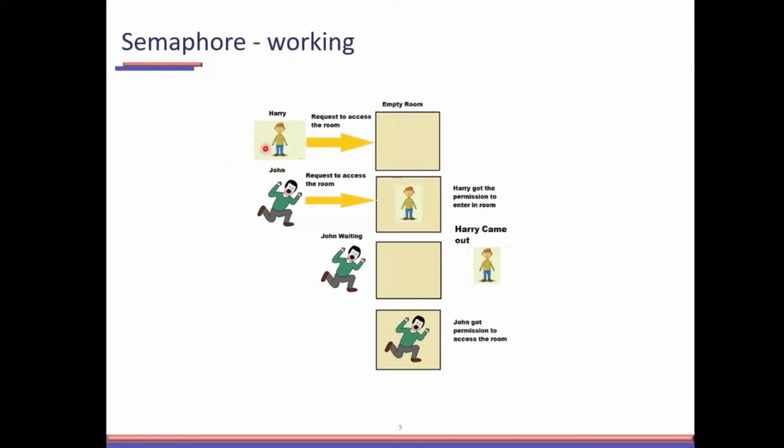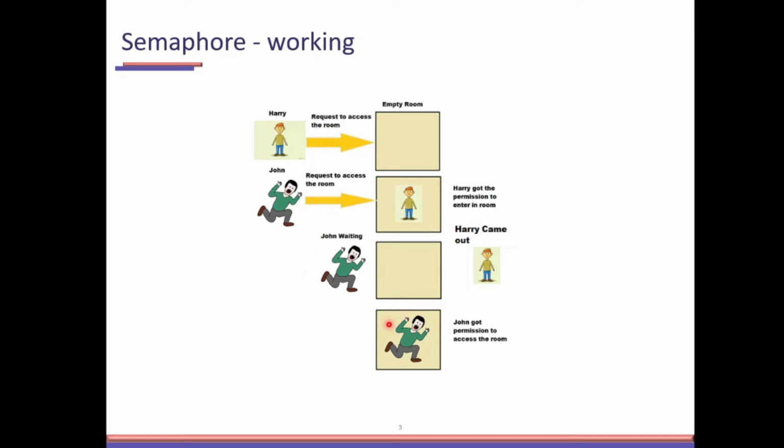When he is inside, let's say John requests access again. However, as Harry is inside, John cannot enter the room. As and when Harry comes out, the room becomes vacant, and John, who is waiting for access, enters the room and completes the operation.